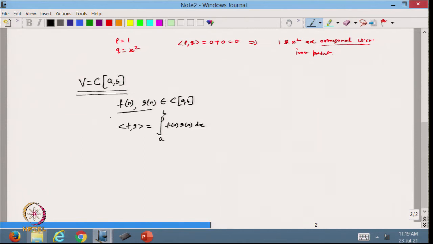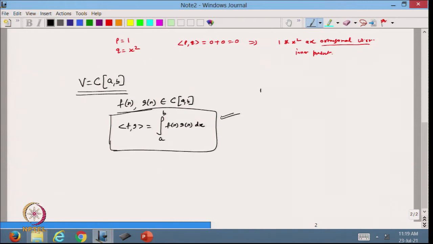So, this is the inner product we are defining on the space of all continuous functions defined over the interval a b. Now we can verify whether it is an inner product or not. We can verify all the 4 conditions.